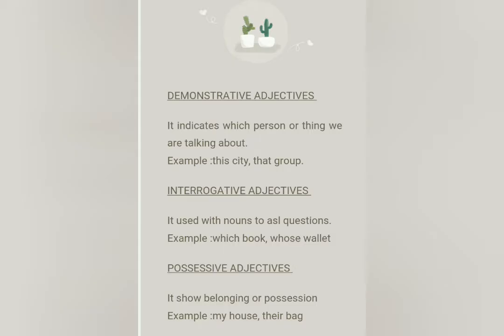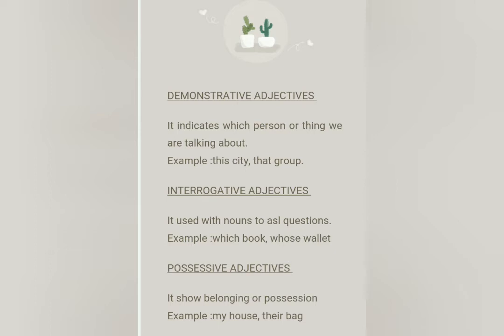Demonstrative adjectives indicate which person or thing we are talking about. Basically, we know the object. Example, this city and that group. We know which one we are talking about. It's just the indication. Interrogative adjectives are used with nouns to ask questions.